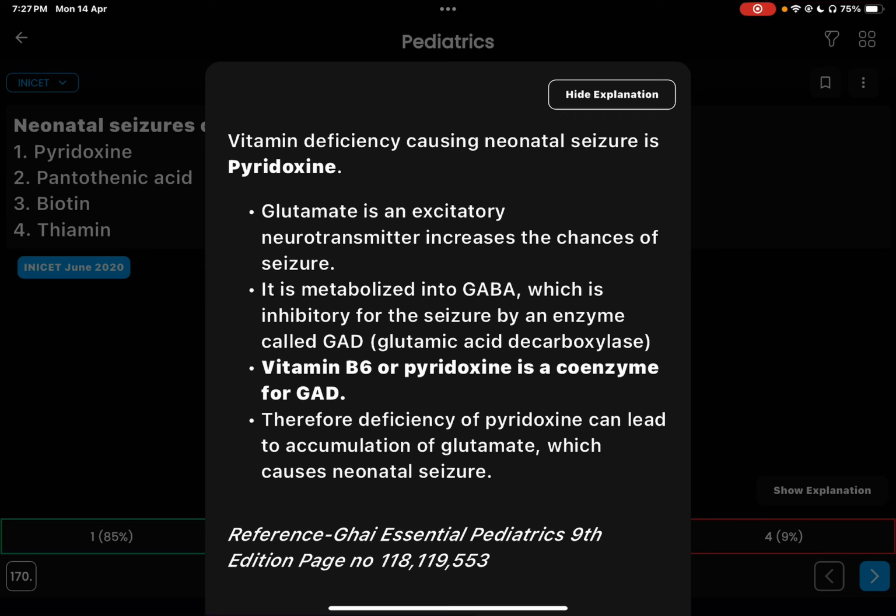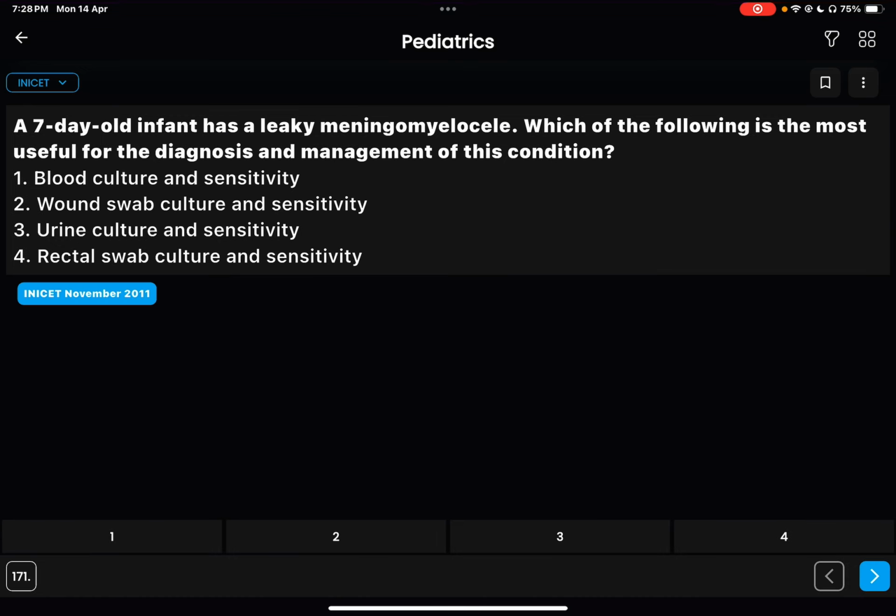It is metabolized into GABA by GAD. GAD is glutamic acid decarboxylase. And the coenzyme for this is vitamin B6, which is pyridoxine. So if pyridoxine is absent, GAD will not function, glutamate will not convert to GABA, glutamate will accumulate, causing seizures, neonatal seizures.